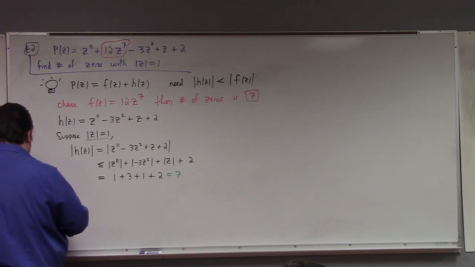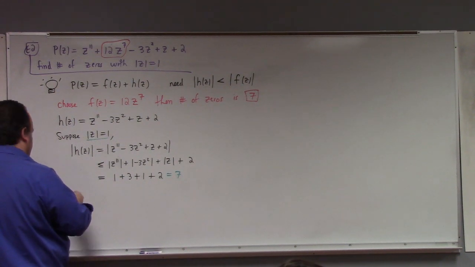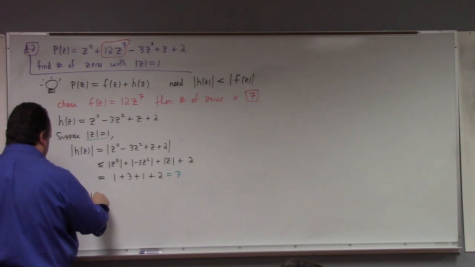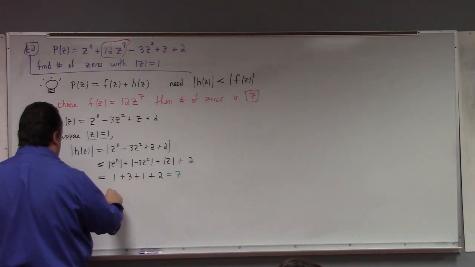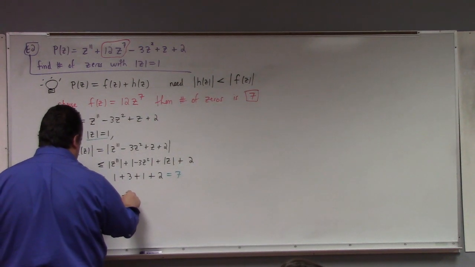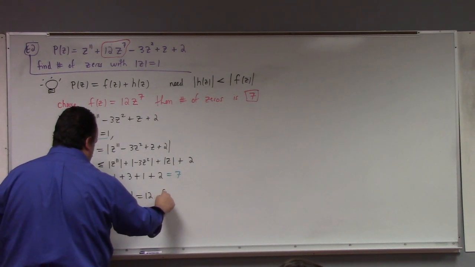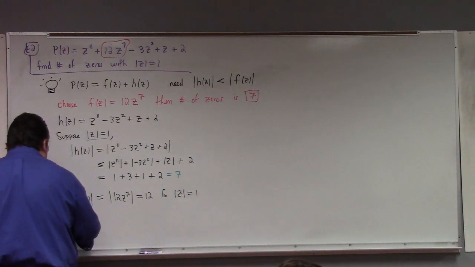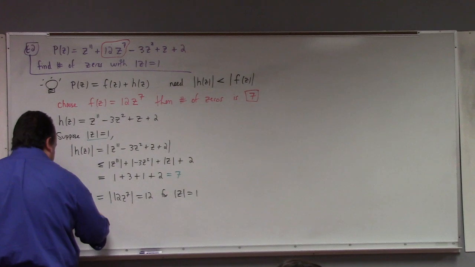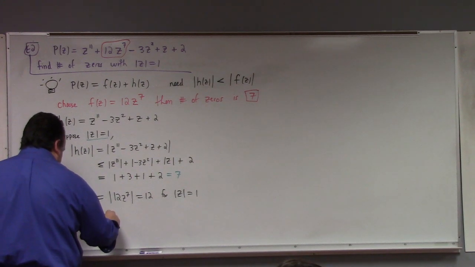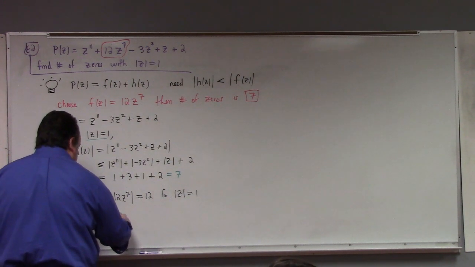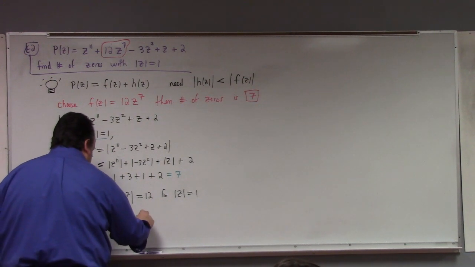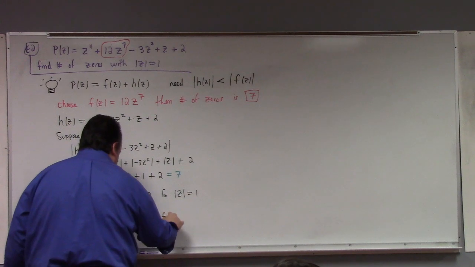But the modulus of f of z, which is equal to the modulus of 12z to the 7th, is equal to 12 for modulus of z equals 1. So therefore, the modulus of h of z is less than 7, which is clearly less than 12, which is equal to the modulus of f of z.